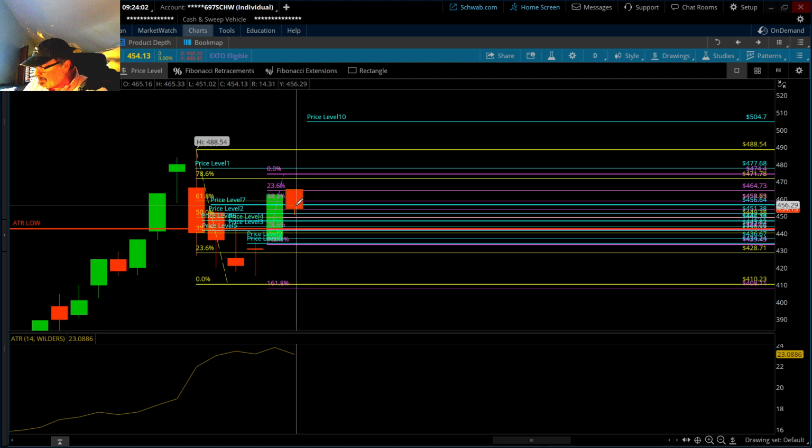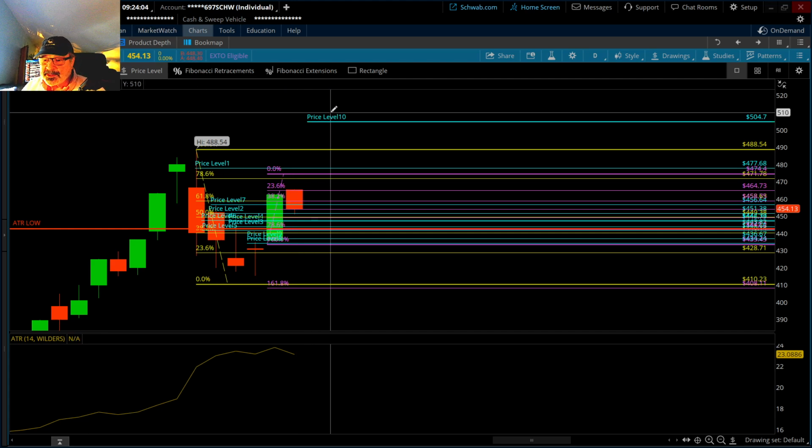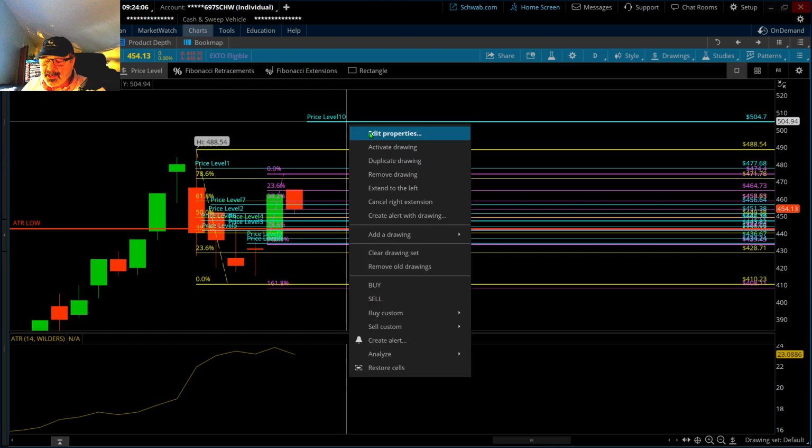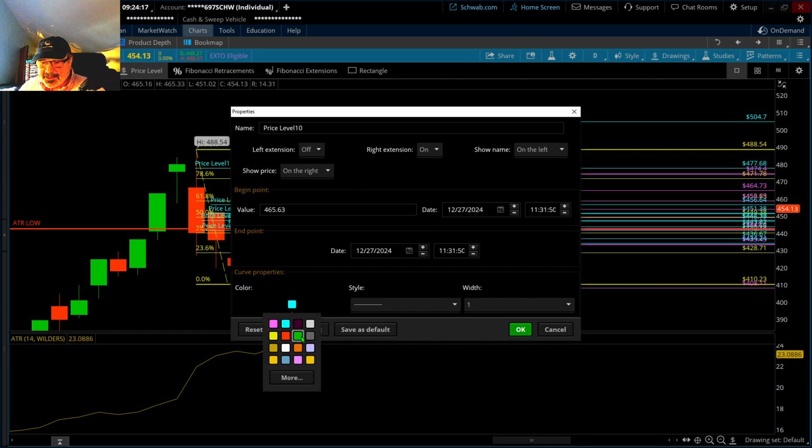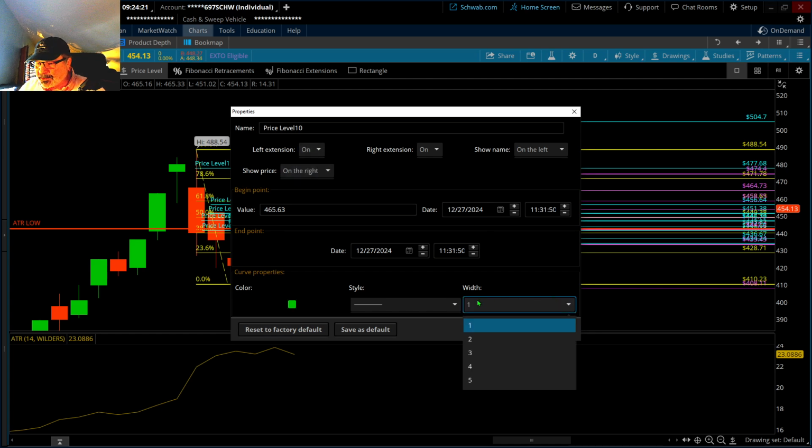So we're at 465.63 is what this level is. Probably didn't need the calculator for that. This is green. We're extending, and we're going to make that a triple.